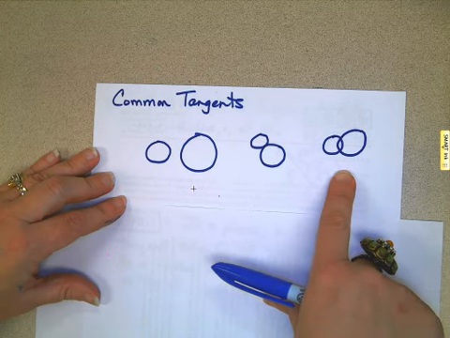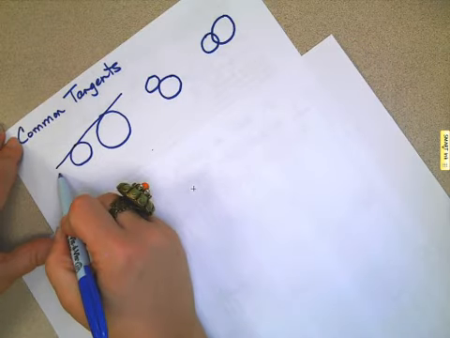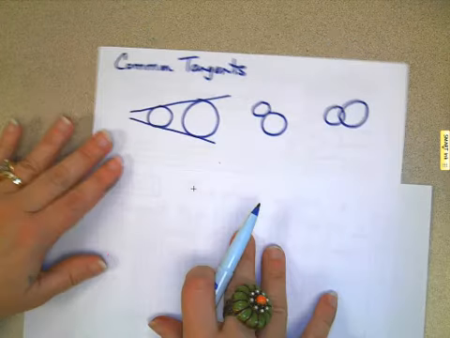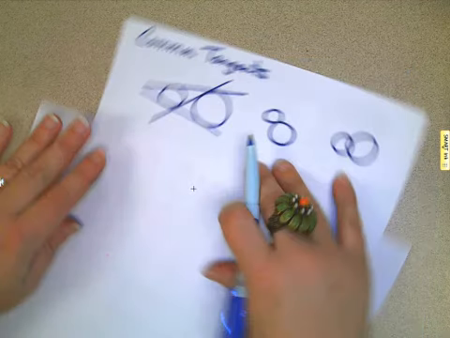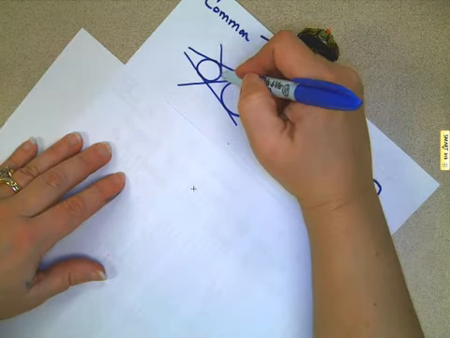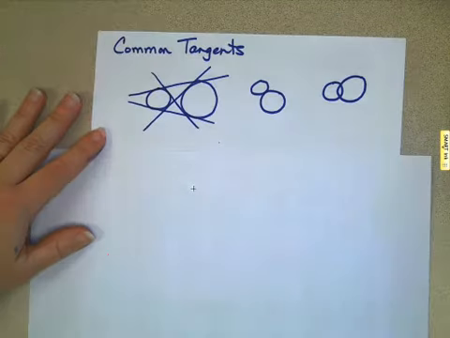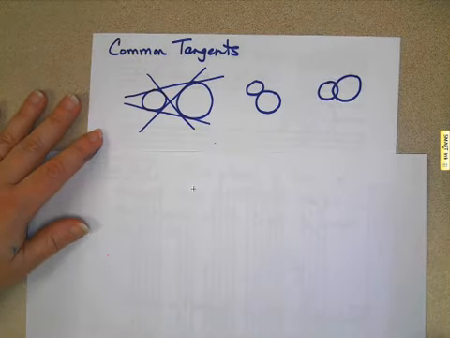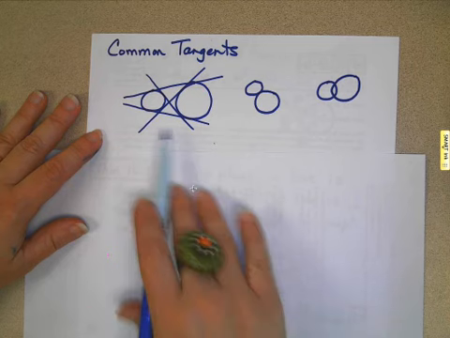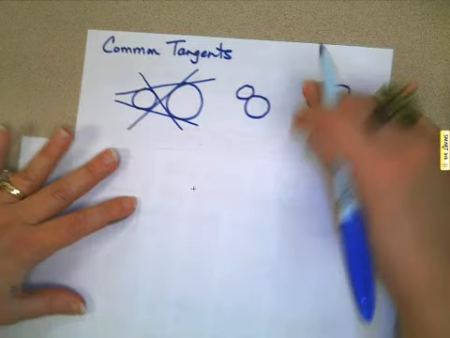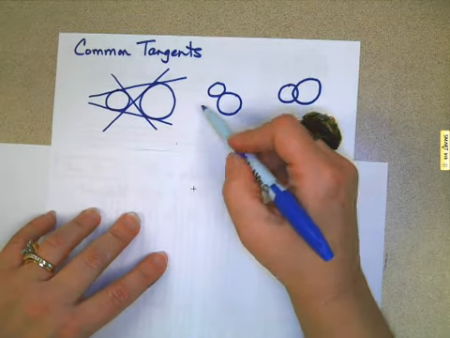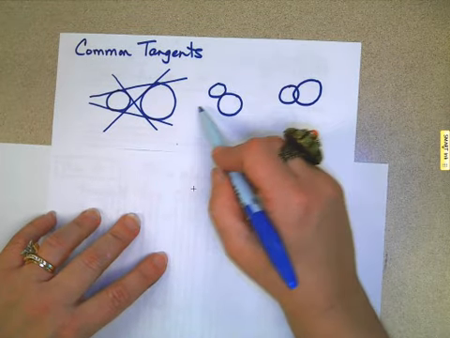So hopefully you paused the video. Hopefully you found 4 common tangents, and again, I don't know that I can possibly draw them perfectly, but there are 4 common tangents when the circles aren't touching in that manner. There are 3 common tangents here. Now, you might think that there are infinitely many lines that you can draw through here.